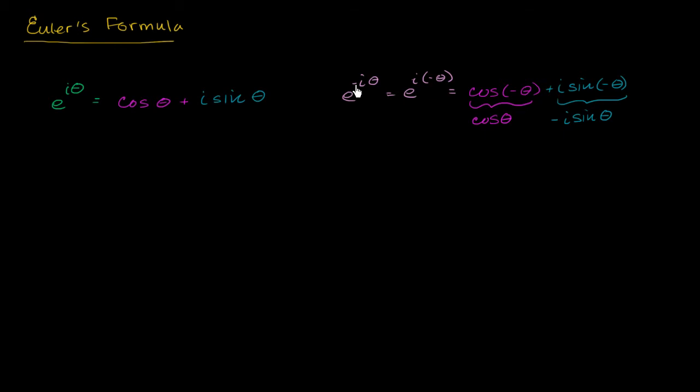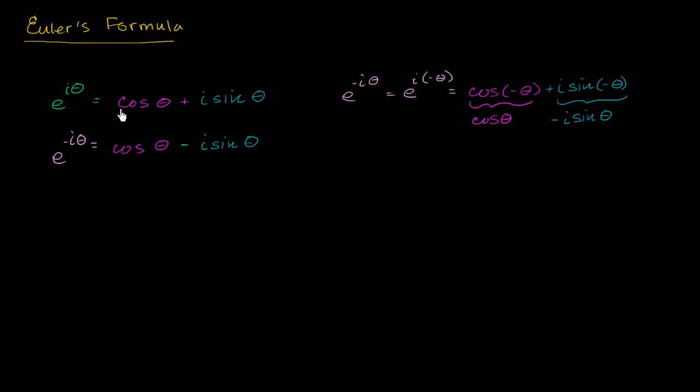So we can write e to the negative i theta as being equal to cosine of theta minus i sine of theta. And now we have something pretty interesting going on.